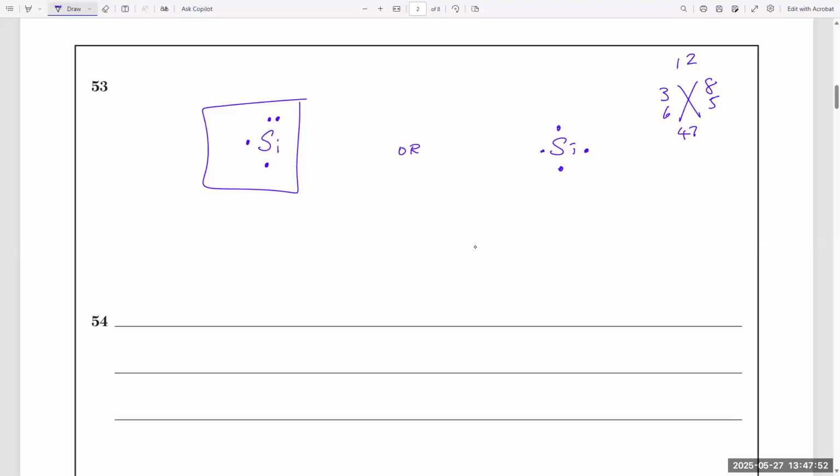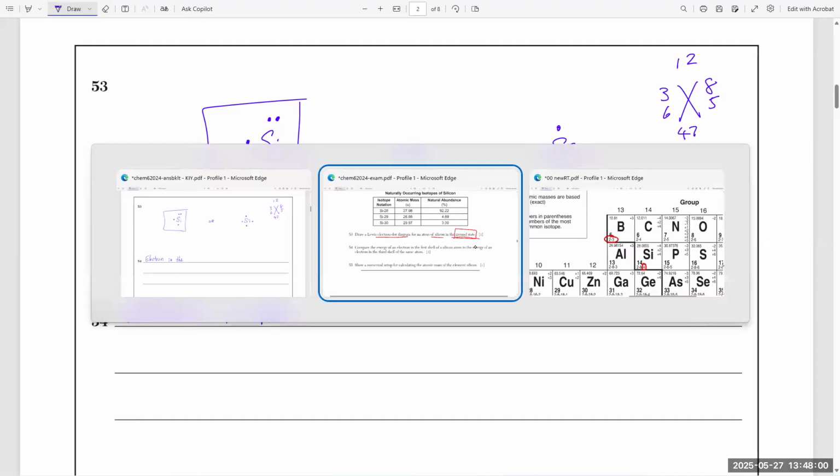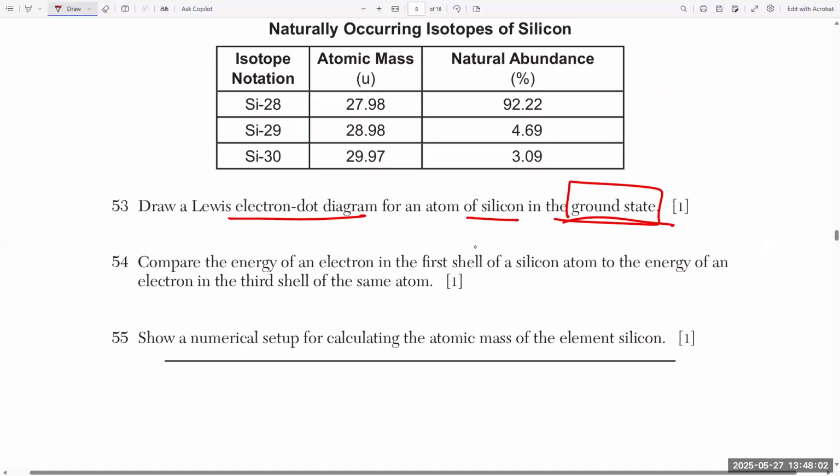The electron, and in the end, it doesn't really matter which way you start, but let's just look at it, they said compare the energy of an electron in the first shell to the third shell.